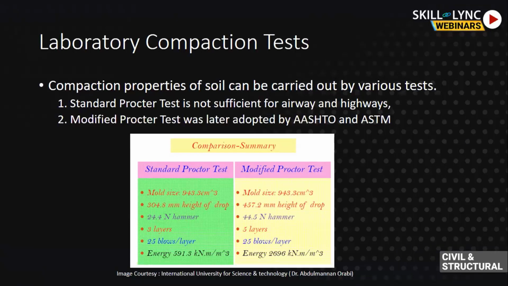So this is just a brief about the laboratory tests used for compaction testing. Initially it started with the standard Proctor test, which was not considered sufficient for airways and highways. So there was a modification to the standard Proctor test, later adopted as ASTM and AASHTO standards. In the standard Proctor test, we generally use 3 layers and a 24.4 Newton hammer, whereas in the modified Proctor test, we use 5 layers and a 44.5 Newton hammer.